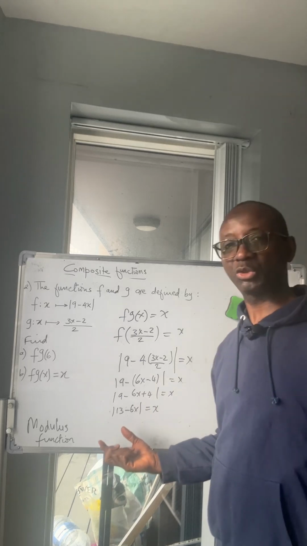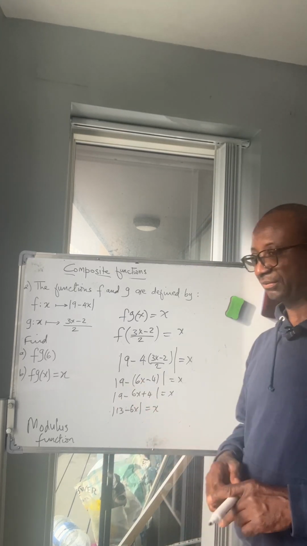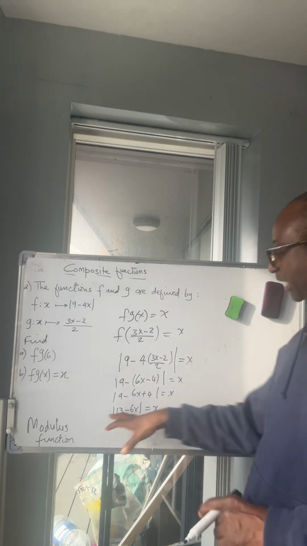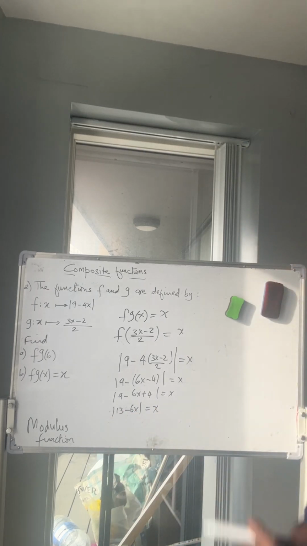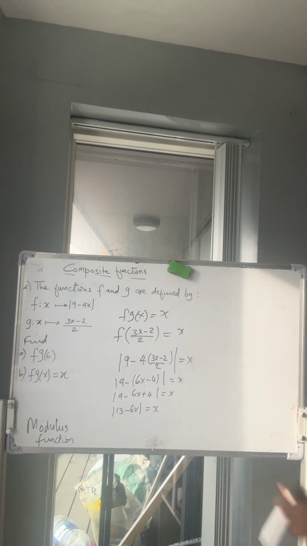It means we are going to get two equations from this. One equation is going to be positive, another equation is going to be negative before the modulus sign. That is what it means. So let's see how it is being translated.